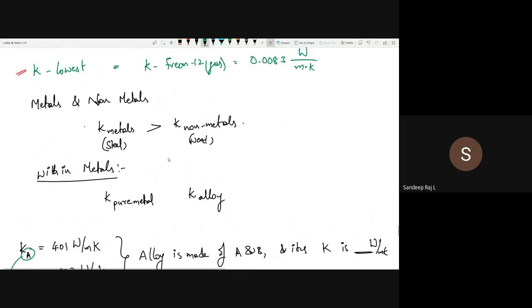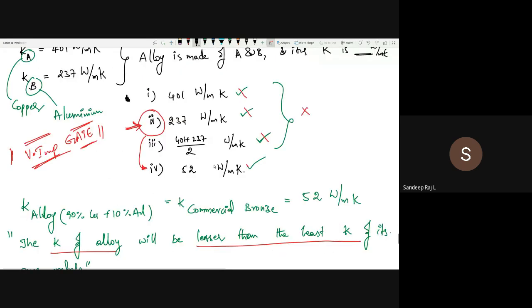So here I should write: the thermal conductivity of a pure metal will always be greater than the thermal conductivity of any of its alloys. Whatever the alloy percentage may be doesn't matter. Pure metal will have the highest thermal conductivity compared to any of the alloys made out of it. This is one thing that I would like to tell you.